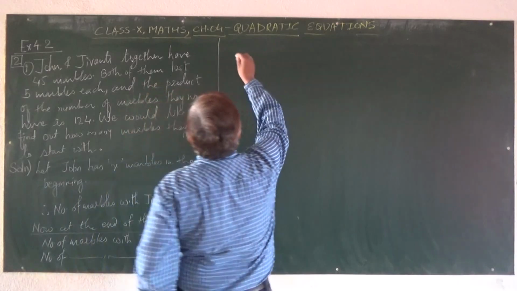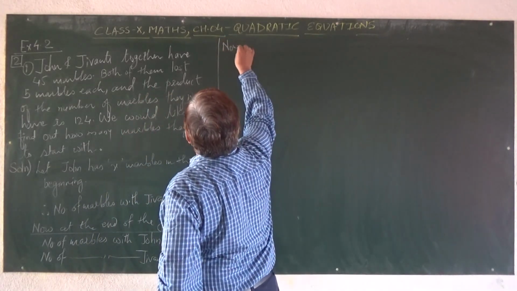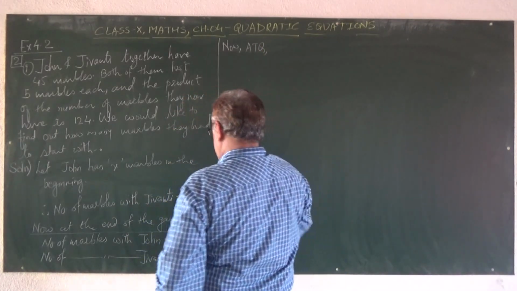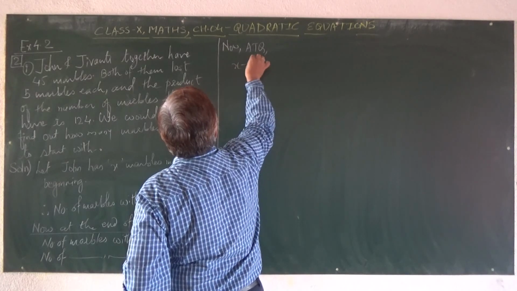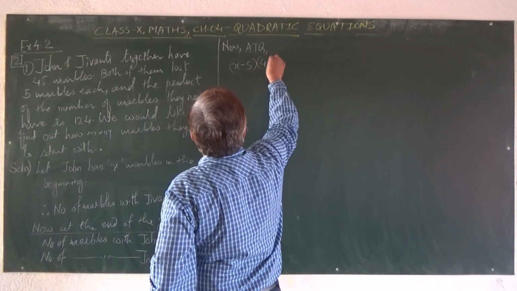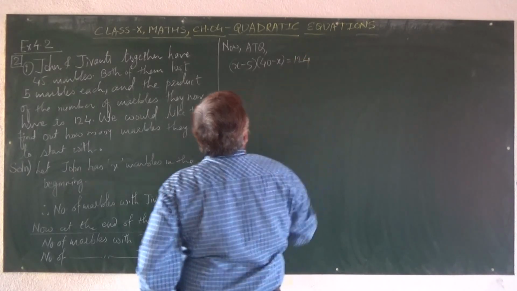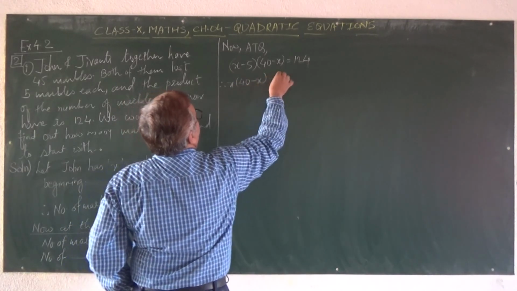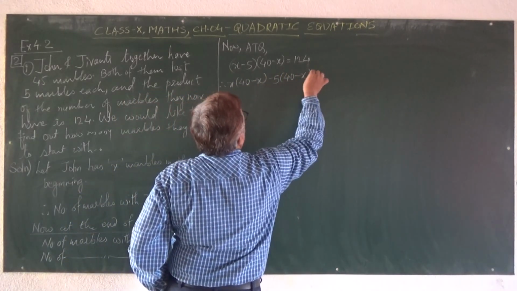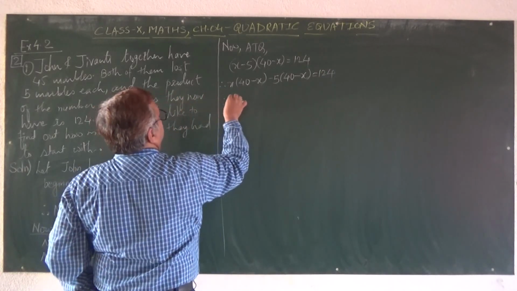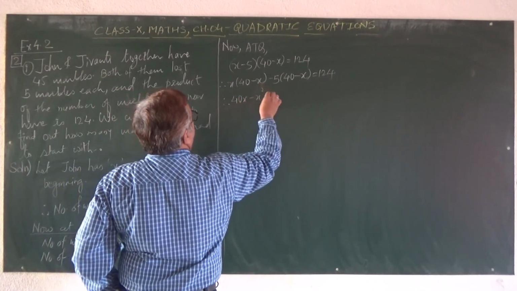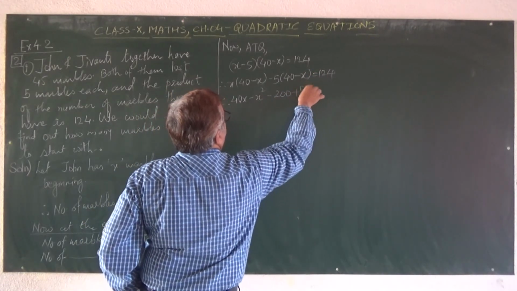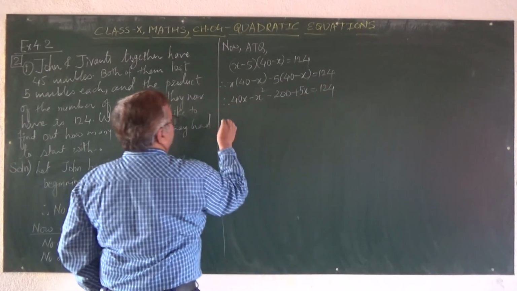Now, according to the condition given, at the end, the product of the marbles which they are left with is 124. So multiply this. So 40x minus x square minus 200 plus 5x is equal to 124.